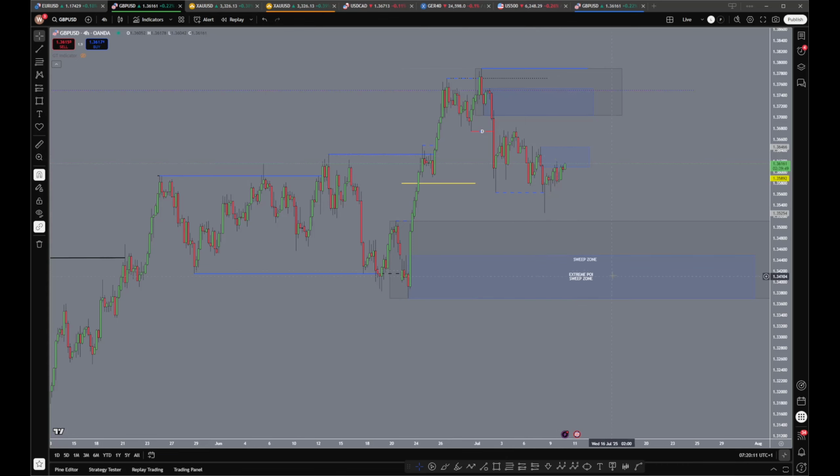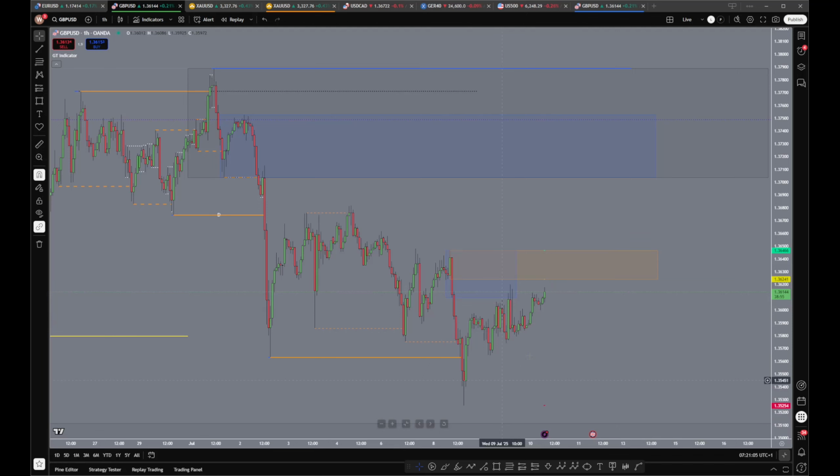But like I said, I would prefer to be trading longs once we've mitigated these zones, because we know that if we get into longs, then these unmitigated zones are going to be magnets for price action to come down. But again, if we get a market structure shift to the upside, then that's going to be less probable.